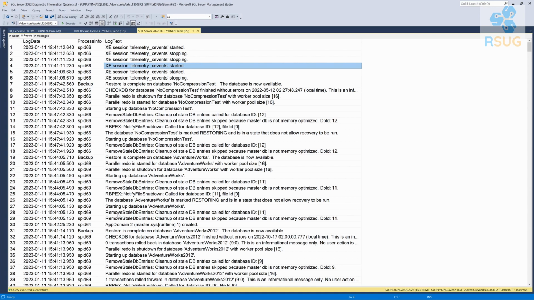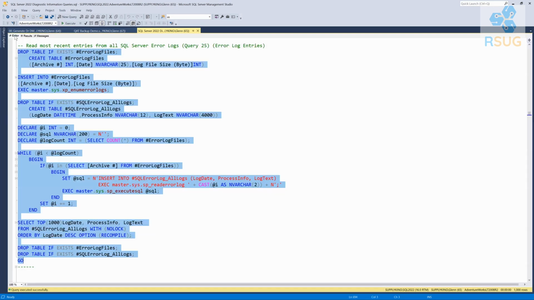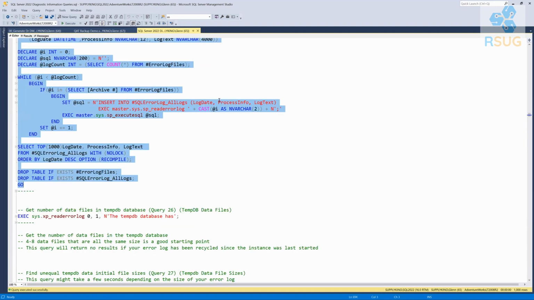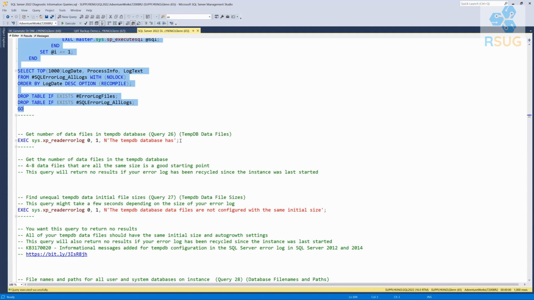But there's a few new things that show up here too, like right here. This is something new that Microsoft hasn't really told us what it means yet, but it shows up in the error log. So it's kind of useful to look at the error log from time to time and see what's going on.